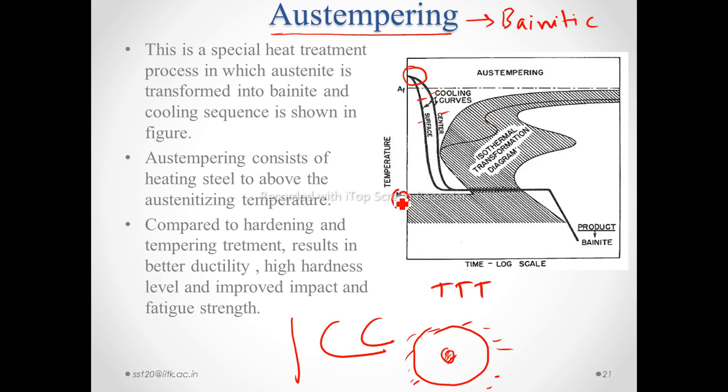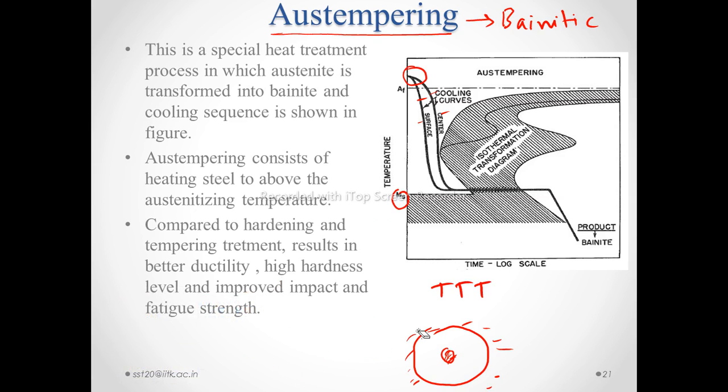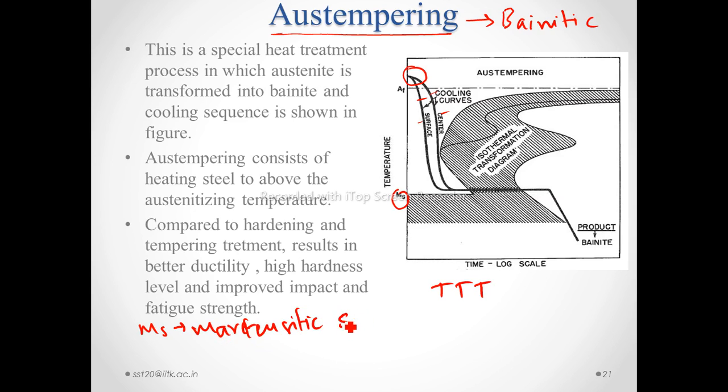This is the martensitic start temperature.